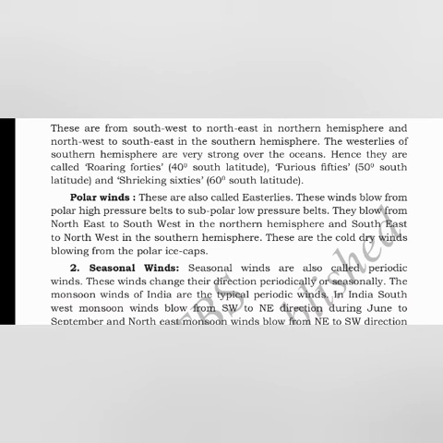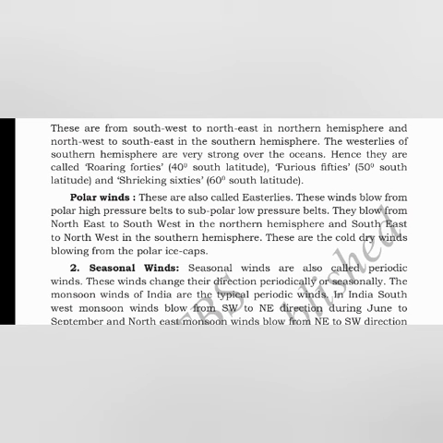So it is three types. First one is roaring 40s, second one is furious 50s and third one is shrieking 60s. These are the important westerlies winds in your textbook. So let us see the next point.